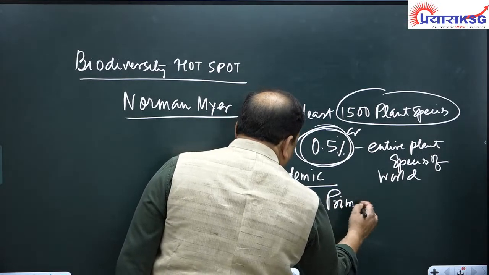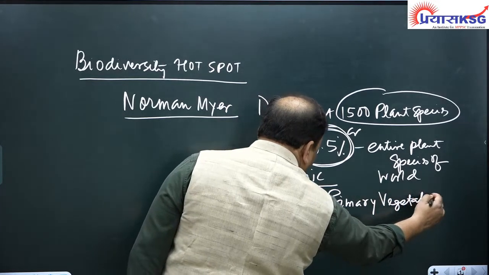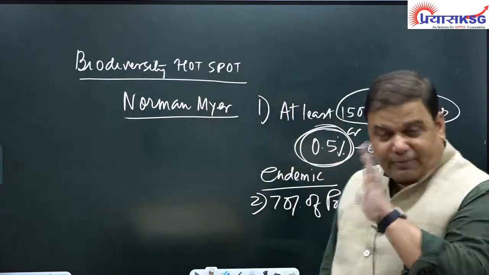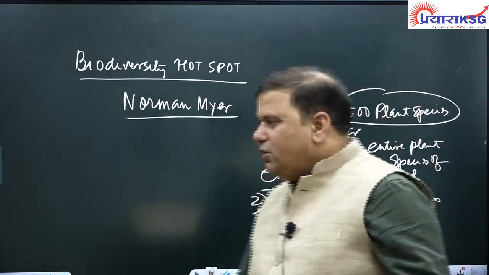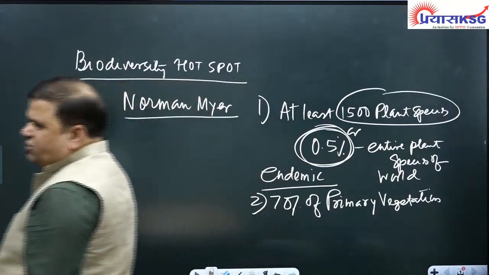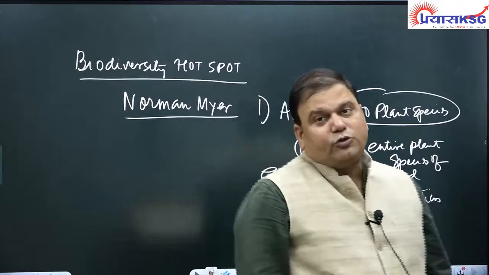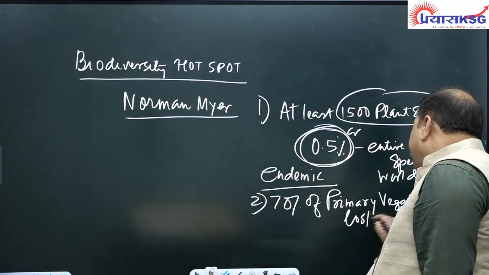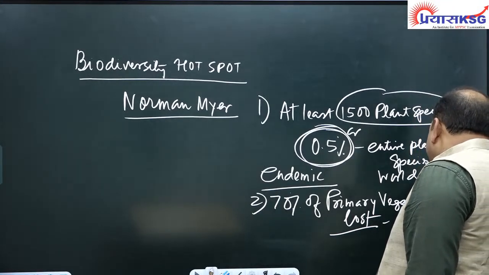Primary vegetation means that which has been established through प्राइमरी प्लांट सक्सेशन. सो 70% ऑफ प्राइमरी वेजिटेशन हैज बीन लॉस्ट और इज ऑन द वर्ज ऑफ बीइंग लॉस्ट ड्यू टू एंथ्रोपोजेनिक एक्टिविटी. सो 70% ऑफ प्राइमरी वेजिटेशन लॉस्ट ड्यू टू ह्यूमन एक्टिविटीज.